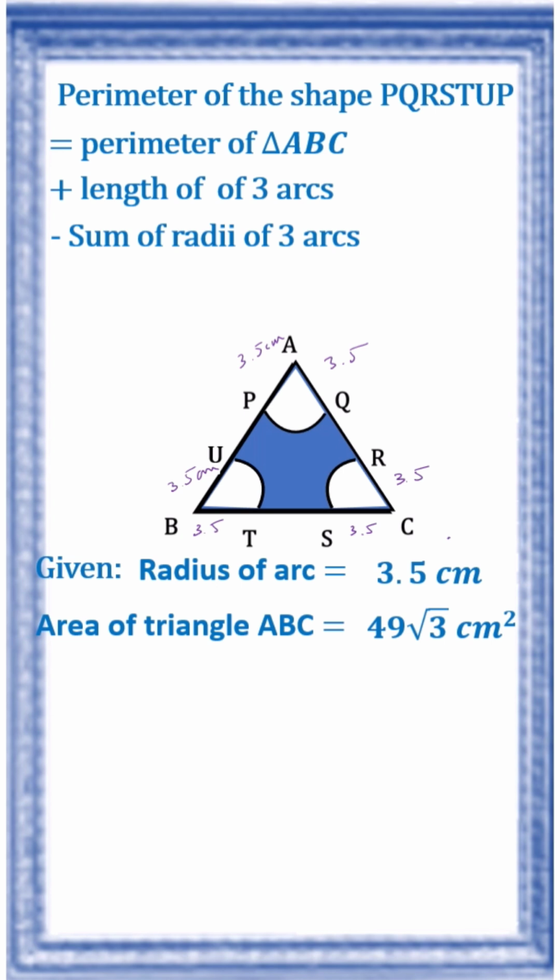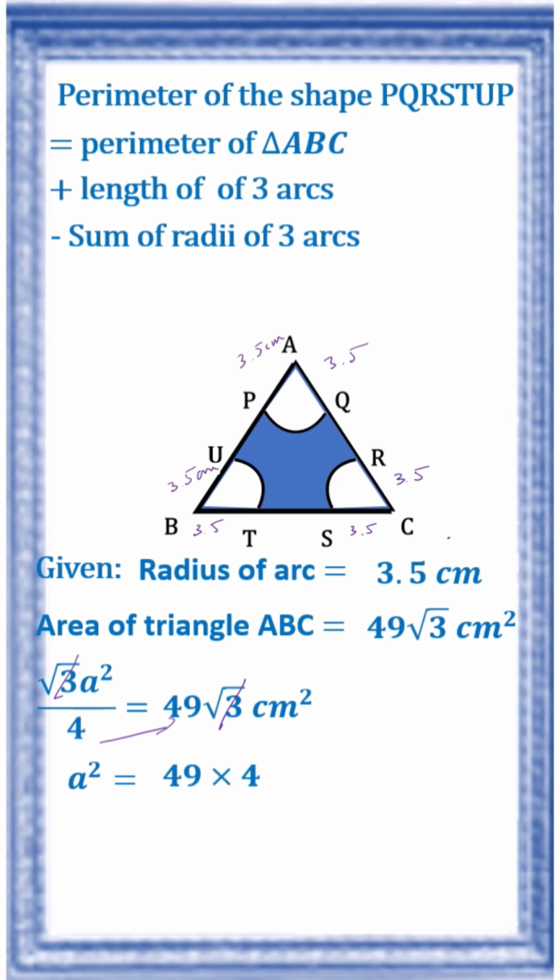Now we can calculate the side of triangle ABC by using the area formula, root 3 a square by 4, which is equal to 49 root 3 centimeter square. Here root 3 and root 3 get cancelled. So a square is equal to, cross multiplying, 49 into 4.